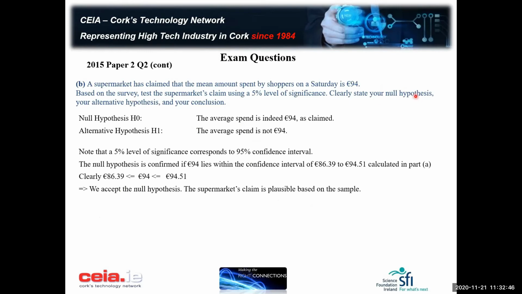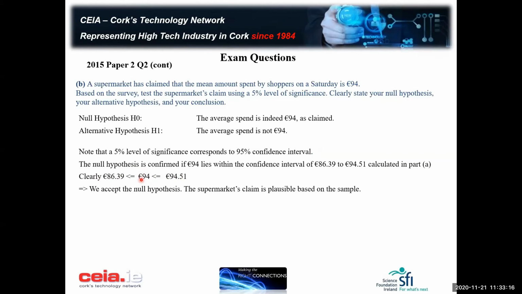But formally, they ask you to state your null hypothesis and your alternative hypothesis and your conclusion. The null hypothesis is that the average spend is 94 as claimed. And the alternative is that it's not, it's the opposite. So we're using a 95% confidence interval. This was our confidence interval, 86.39 to 94.51.